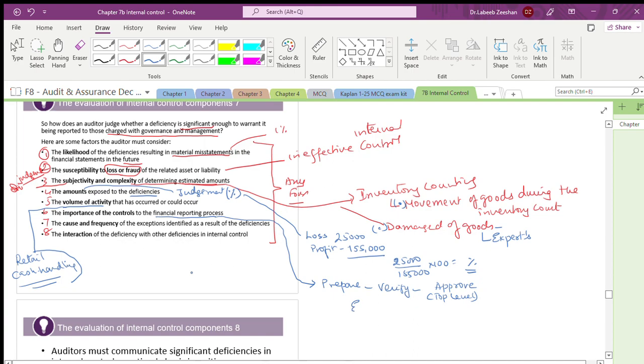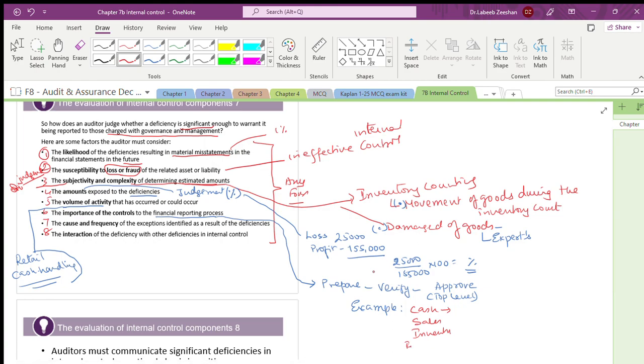Example: you are talking in terms of cash, sales, inventory, fixed assets.